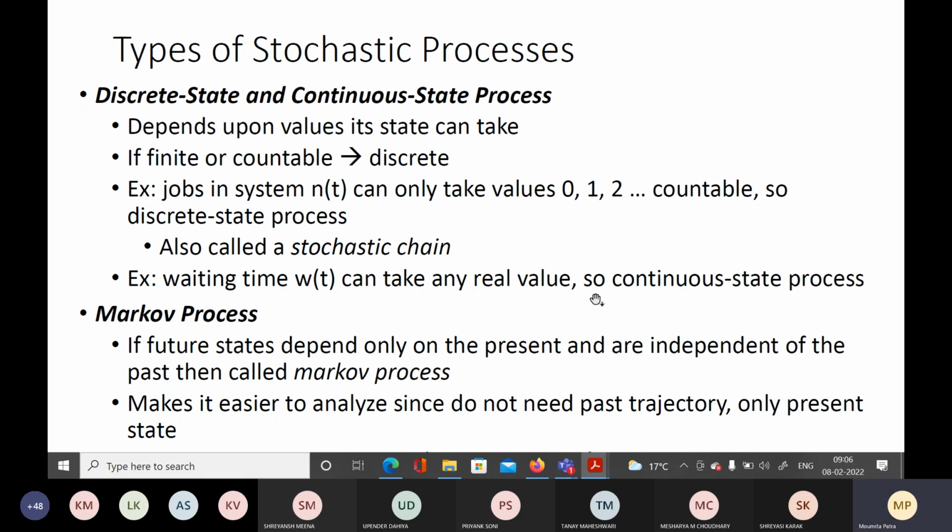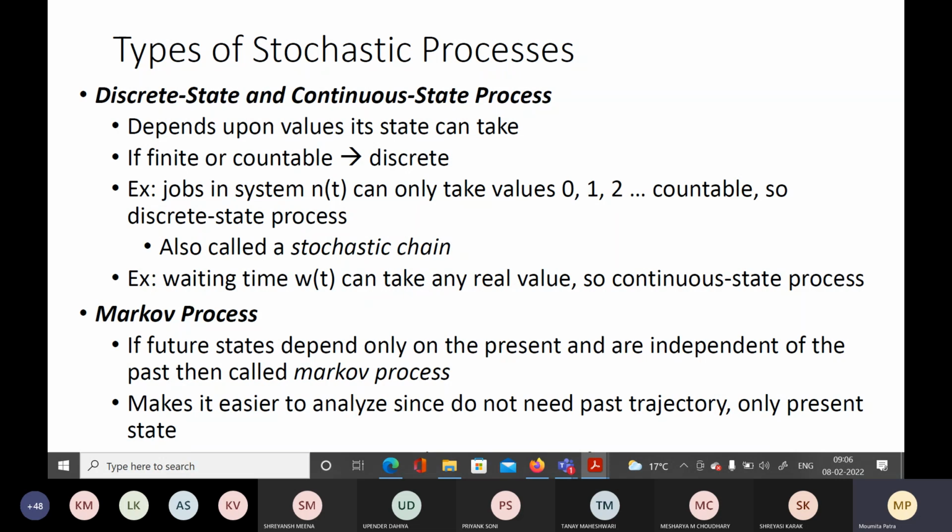All right. Now let's come to a second type of stochastic process, known as the Markov process. We know about the Markovian property, right? How do we define a Markov process? If future states depend only on the present state and are independent of the past, then we call them Markov processes.